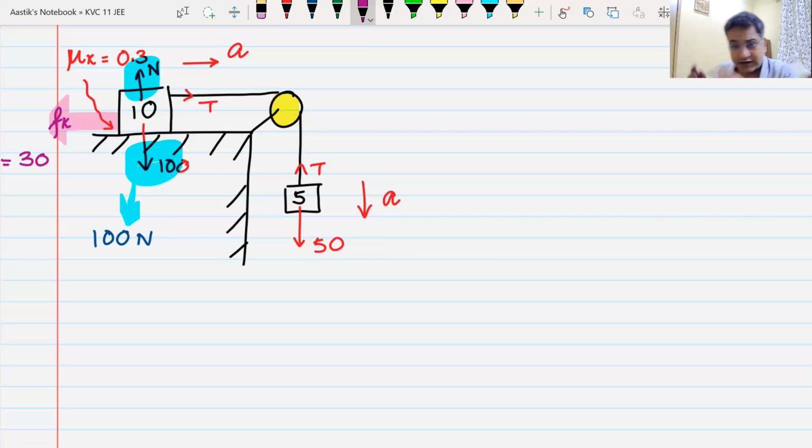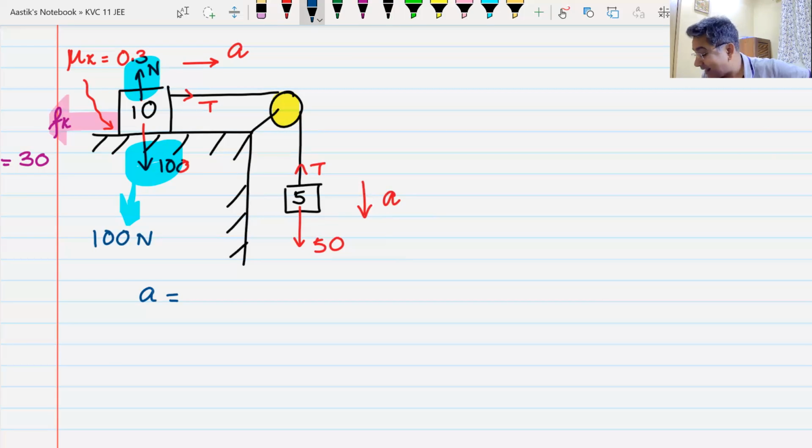Now you don't have to write the equations because we have done this question ten thousand times. One force which is trying to pull it from here is 50 newtons. The force which is trying to stop it is 30 newtons. So what is the acceleration of the blocks?